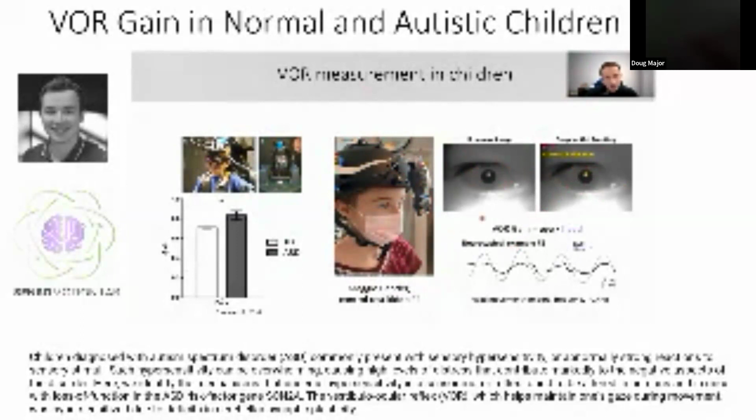And so to quantify our VOR, we calculate a VOR gain, that is basically the ratio between the eye movement and the head movements. Here is an example of the head movement in purple. It's inverted, because usually they are anti-correlated, but just for illustration, I inverted it. And here you have the amplitude of the eye movement in dark.